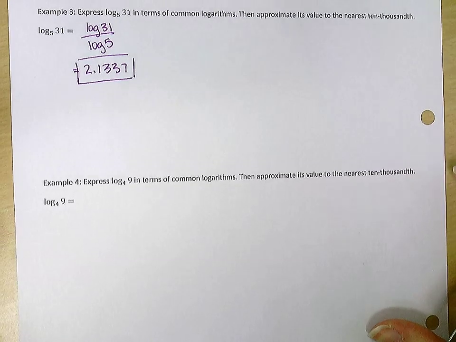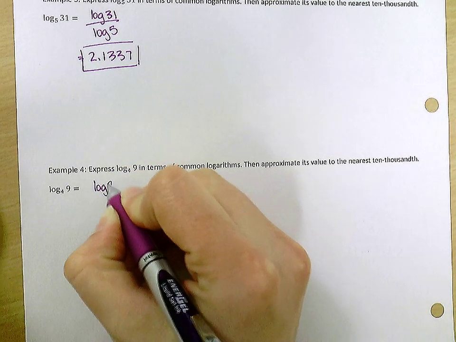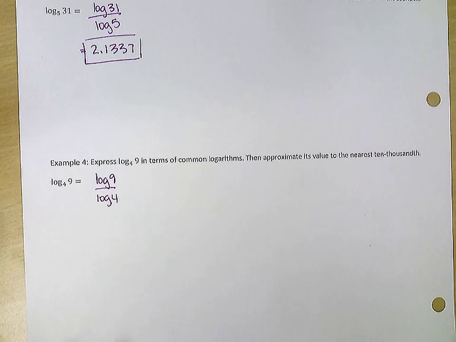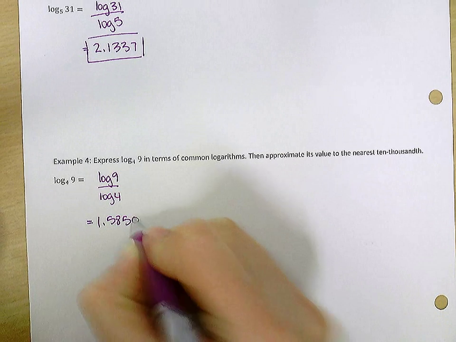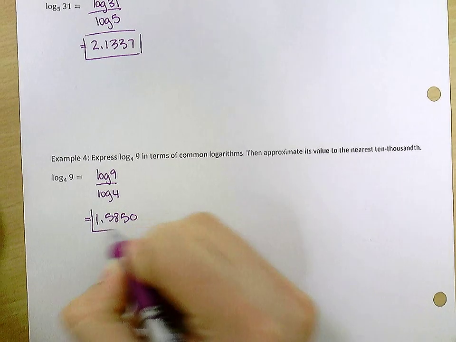And then number 4, we would have log of 9 over log of 4. It's 1.5850.